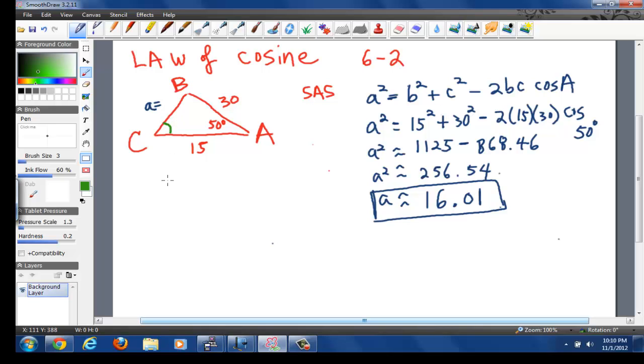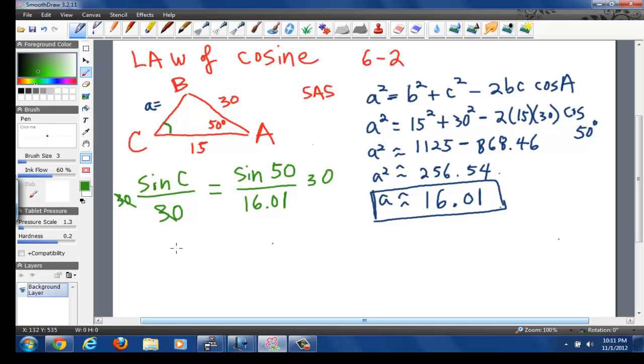So I'm gonna say sine of C over C, we don't know what that is, over 30 is going to equal sine of 50 over the A value we just found, which is 16.01.